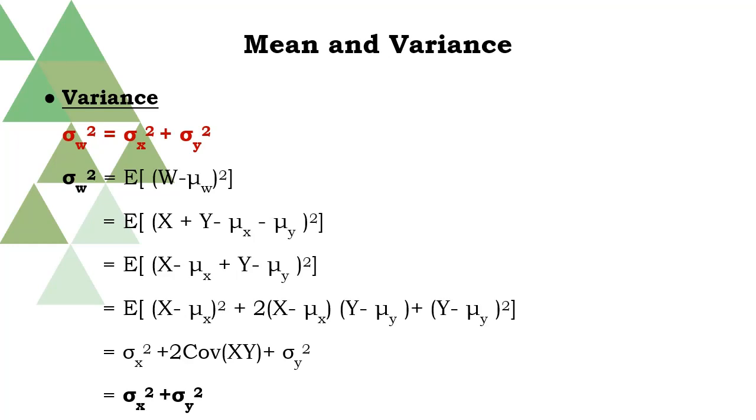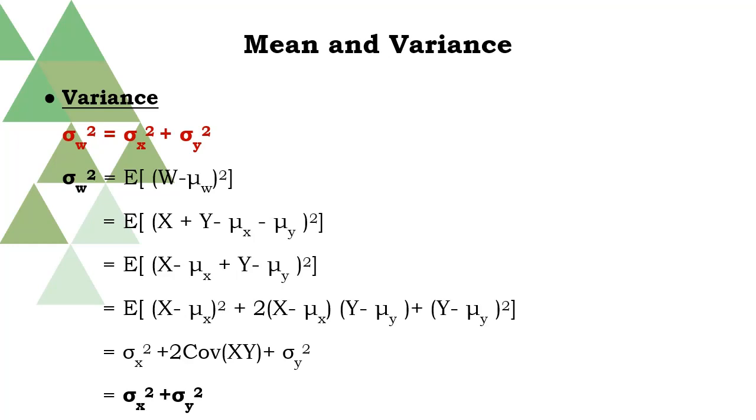Now rearrange these terms: expected value of X minus mu X plus Y minus mu Y, the whole square. Now expand this using the formula a plus b whole square. You get the expected value of X minus mu X whole square plus 2 times X minus mu X times Y minus mu Y plus Y minus mu Y whole square.